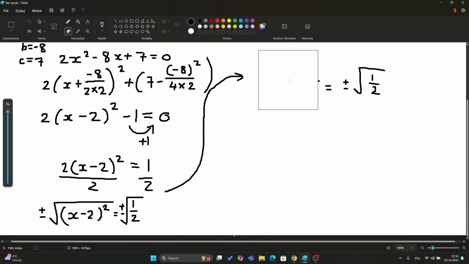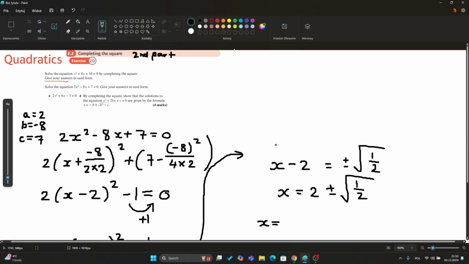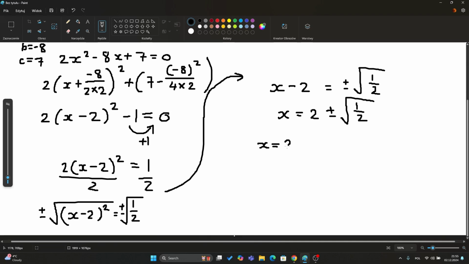Actually, we have no square root anymore on the left, it should be like this. And now x equals 2 plus or minus the square root of a half. The question says to leave it in third form, so x equals 2 plus the square root of a half, and x equals 2 minus the square root of a half.